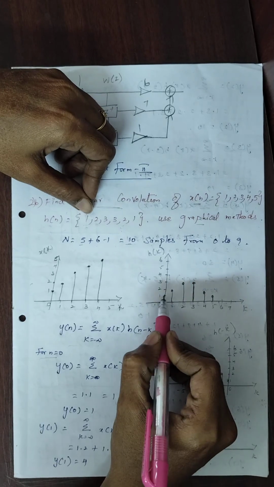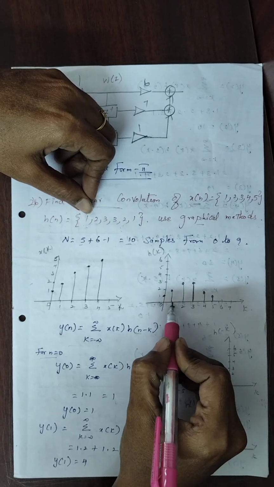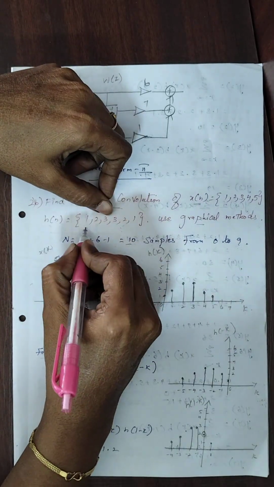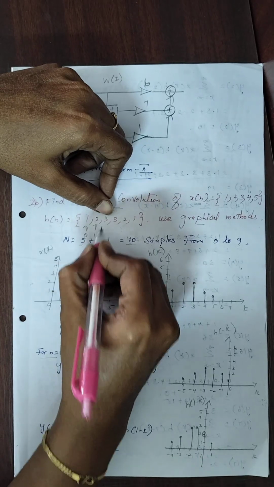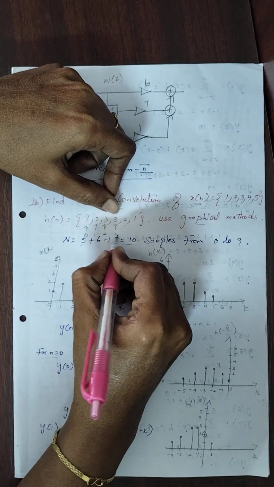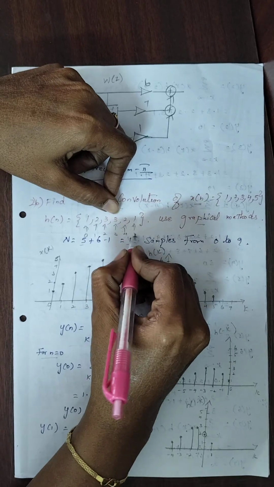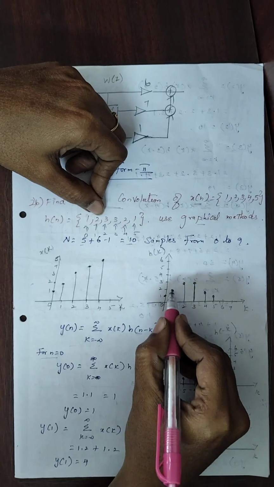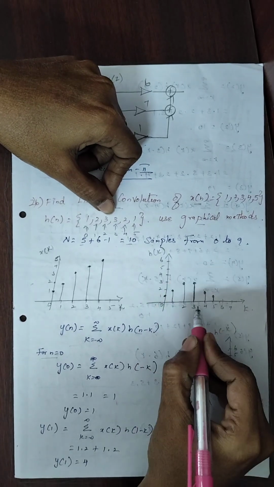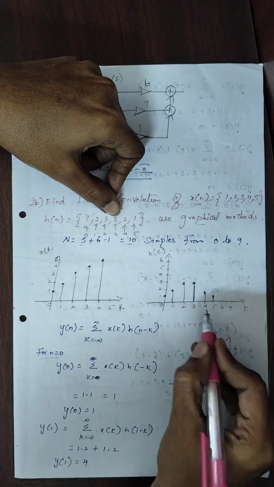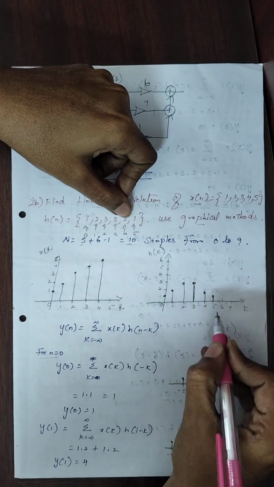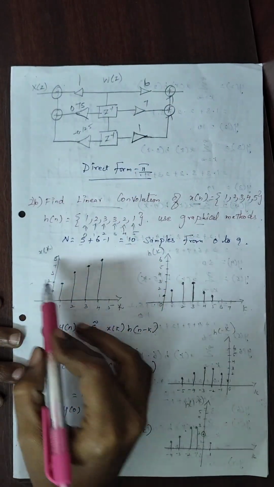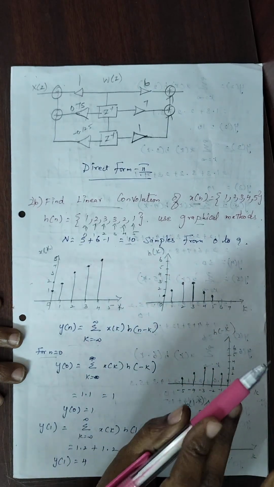For 0, the amplitude is 1. For 1, it is 2. For 2, it is 3. For 3, the amplitude is also 3. For 4, the amplitude is 2. Then for 5, the amplitude is 1. So we have the graphs for x of k and h of k.